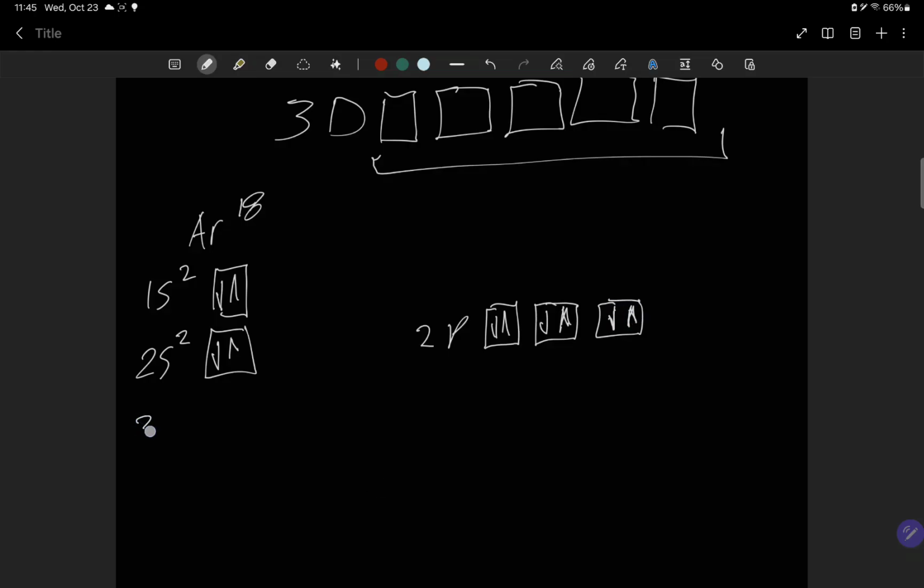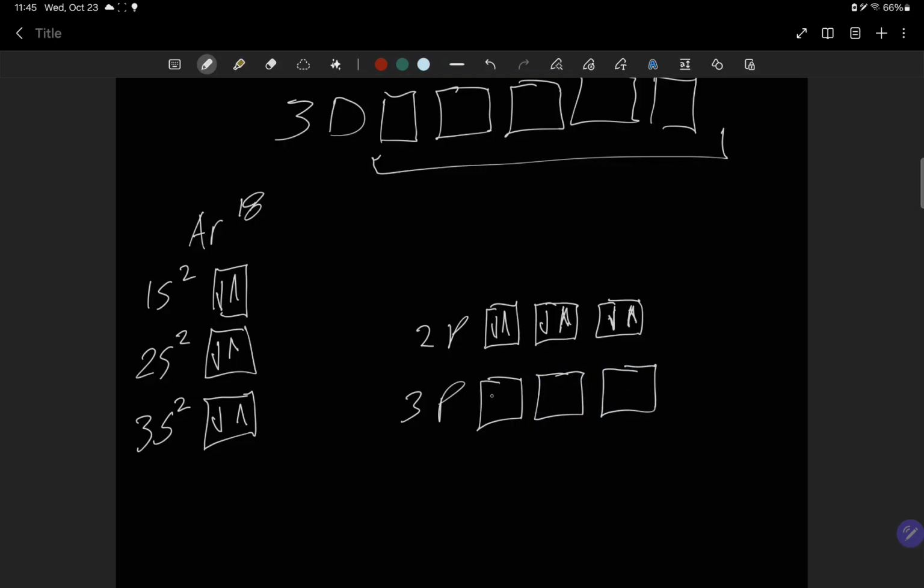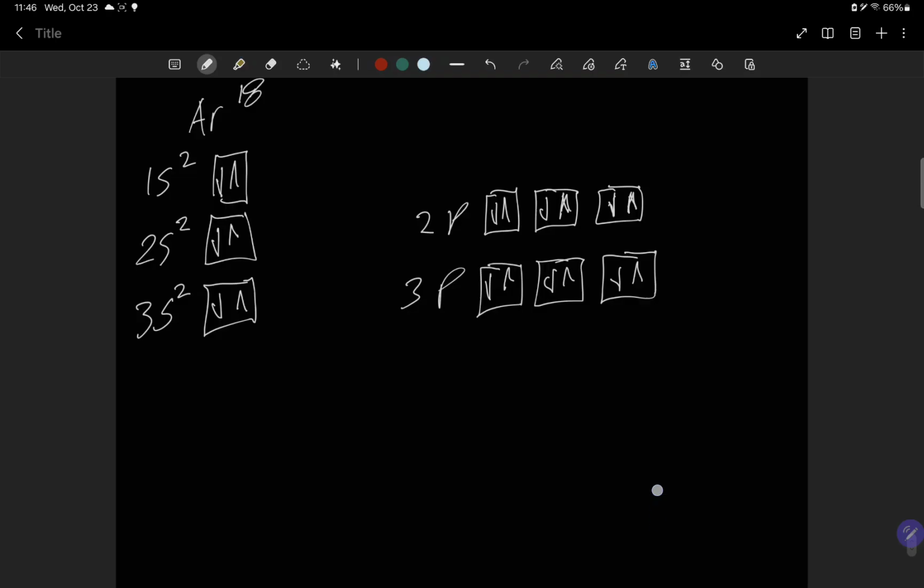And then it's going to be 3s, that's 11 and 12, so that's 2. And 3p is going to be 10, 12, 13, 14, 15, 16, 17, 18. So we can say this is 2p6 because we have 1, 2, 3, 4, 5, 6 within this p orbital.